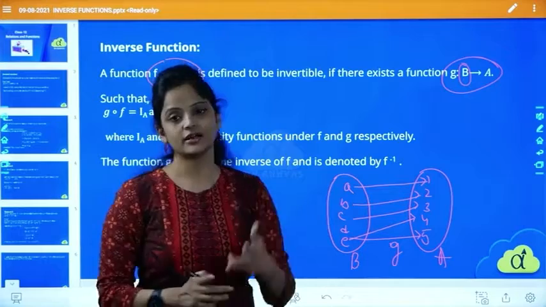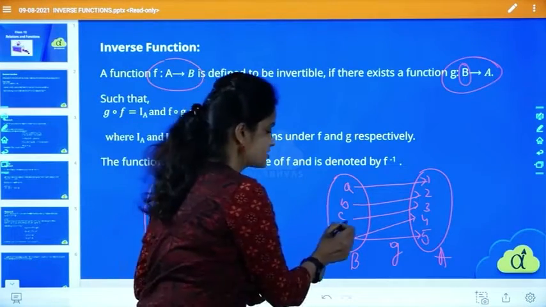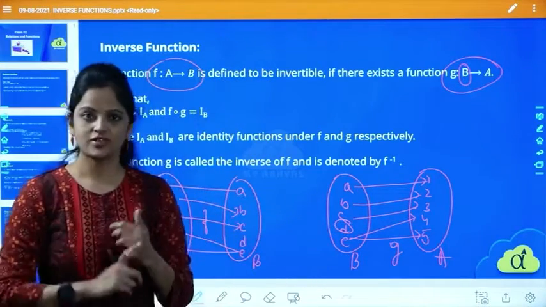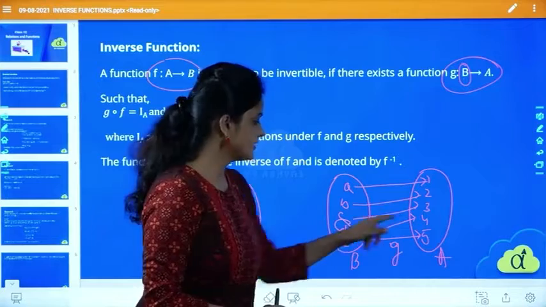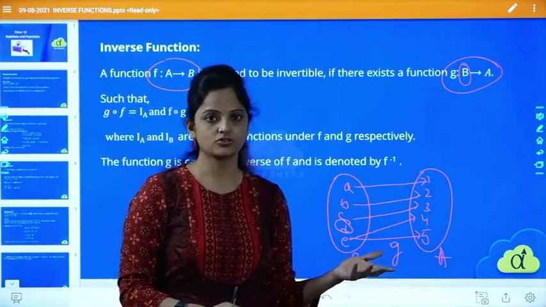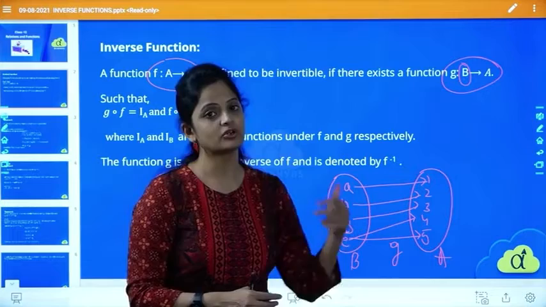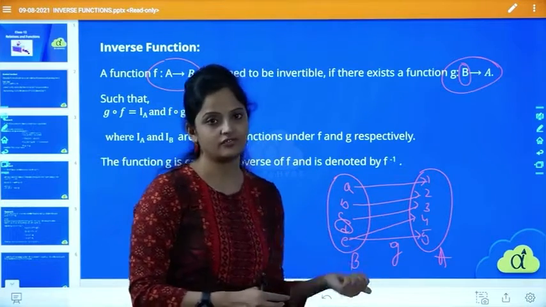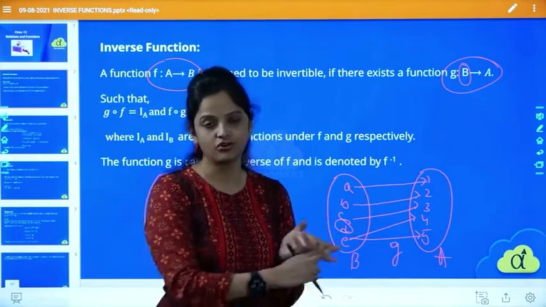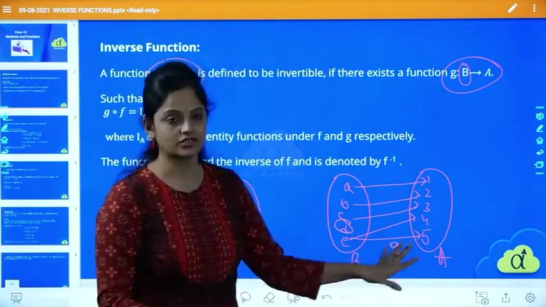And there should not be any double mapping. See here, D is not mapped to any element, so the first condition is gone, and E is double mapped. That is also there. So it is not a function. G is not a function because it does not follow the definition. Both rules are not followed in this.